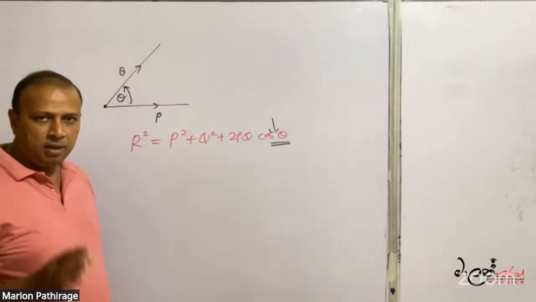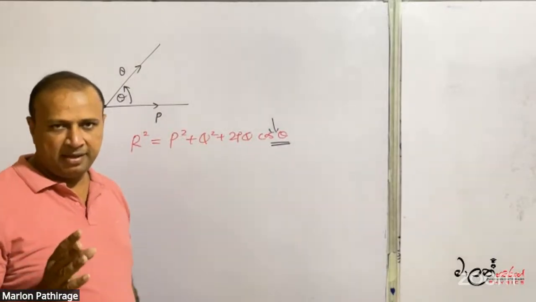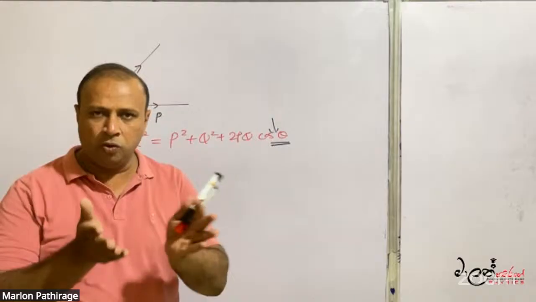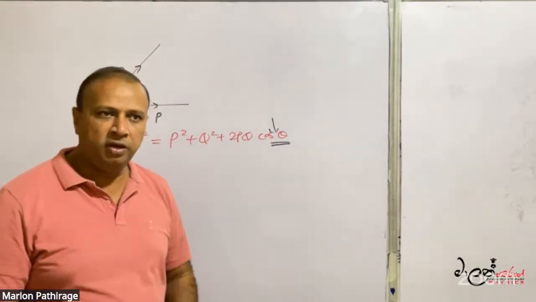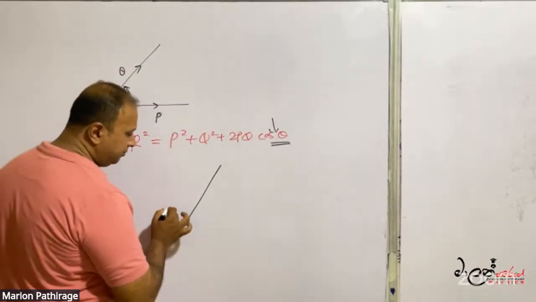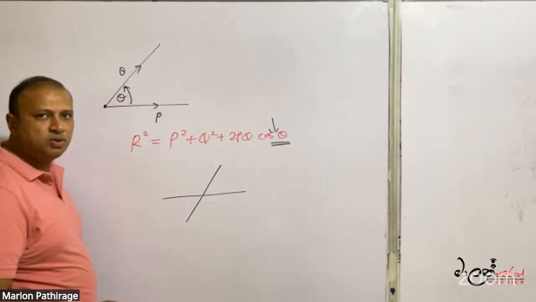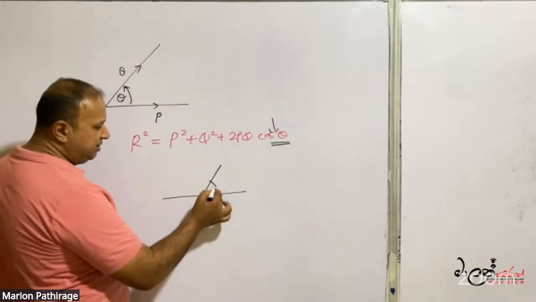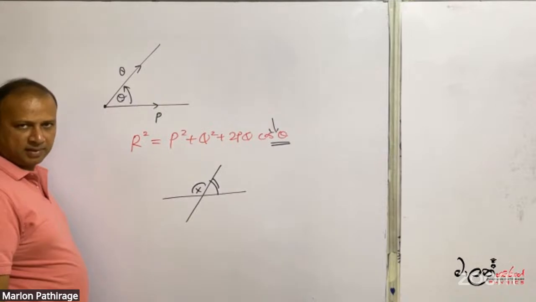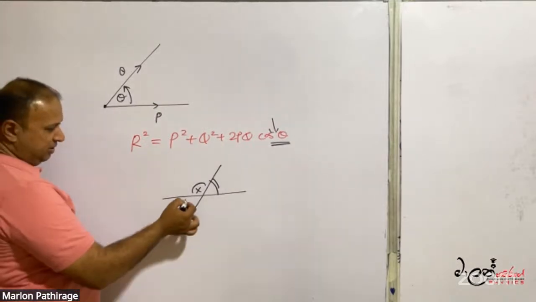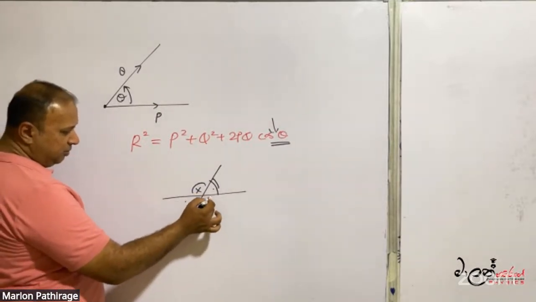But remember, two vectors means two straight lines. So if we consider two straight lines, there are two main angles. One is this, other one is this one. So this angle is equal to this one, this angle is equal to this.